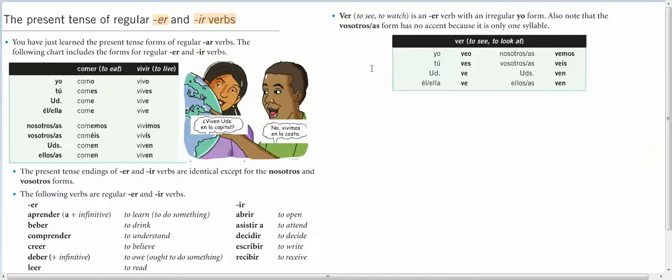Okay, we had already, just a little while ago, talked about how you conjugate regular AR verbs. Now we're going to look at ERs and IRs, and they're classified as ER and IR because these verbs end that way.